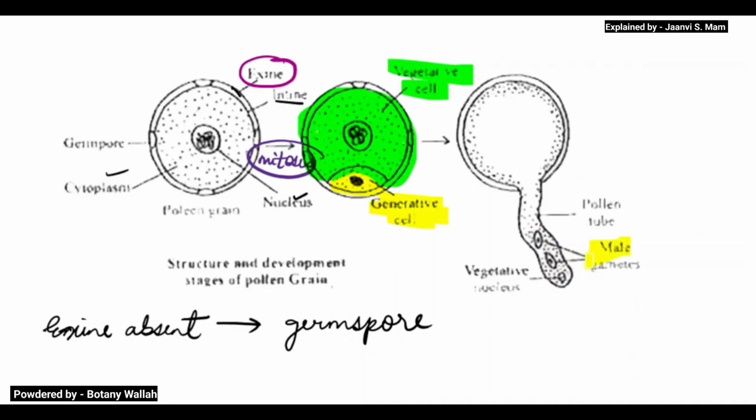See, the generative cell has formed male gametes. You can see here two male gametes. And this pollen tube is formed by the vegetative cell. So you should know these things. And this is all about the structure and development stages of pollen grain.